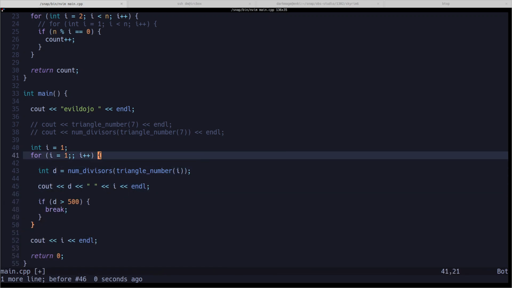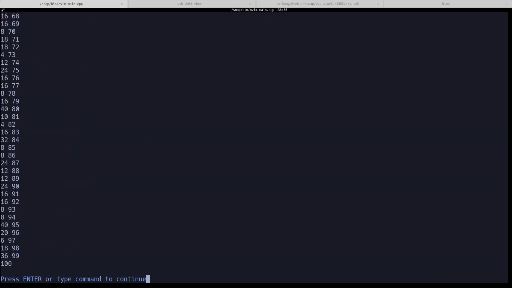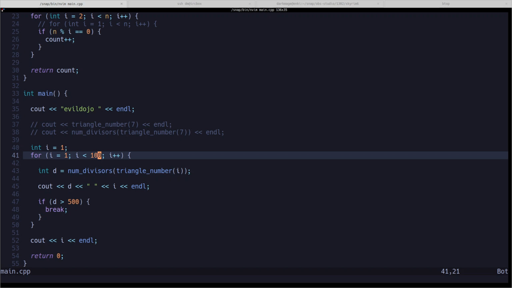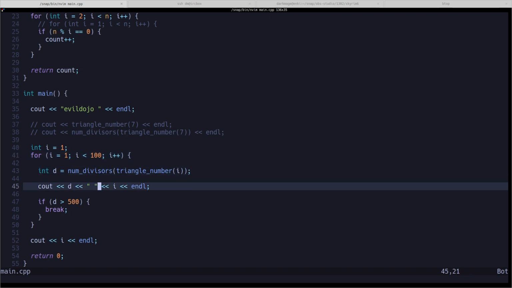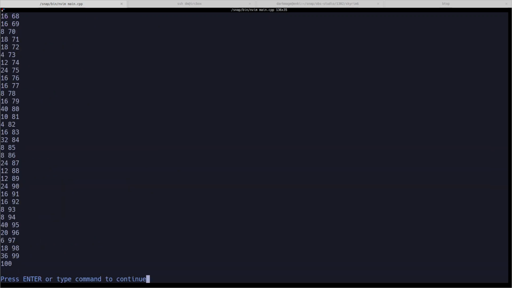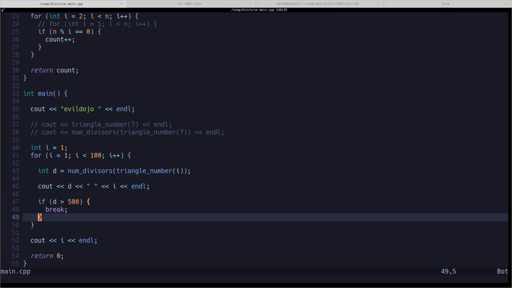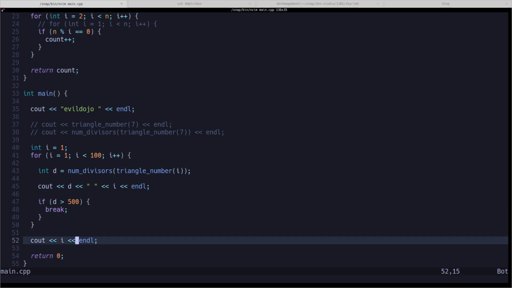We're just going to print out a few. Let's print out triangle numbers from like the first 100. Why is it printing 2 things? Oh, at the very end, it prints out what i was. Oh, duh. Okay.